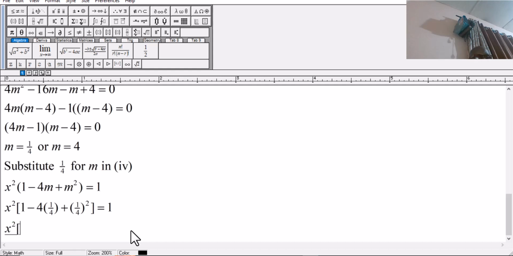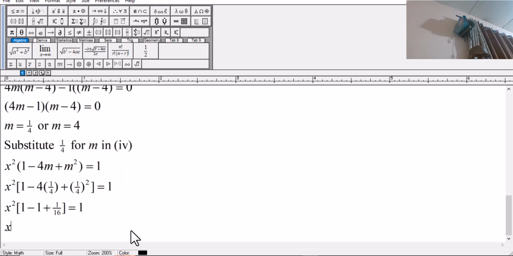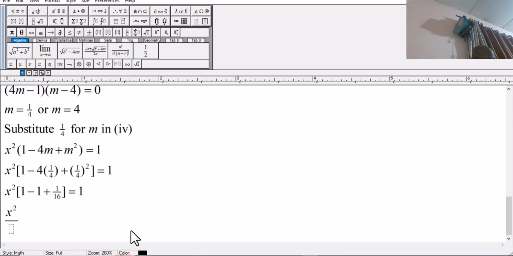So this 1, that one cancels out, 1 minus 1 plus, so that one will be 1 over 16 is equals to 1. So what we have now is that x squared over 16 is equals to 1.